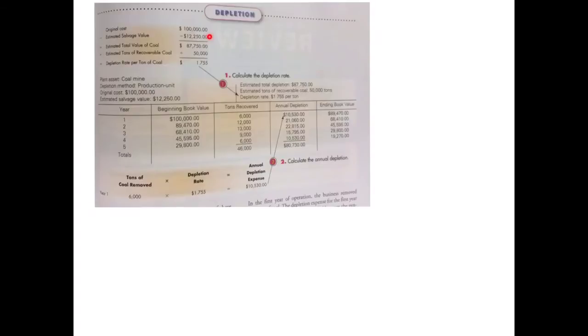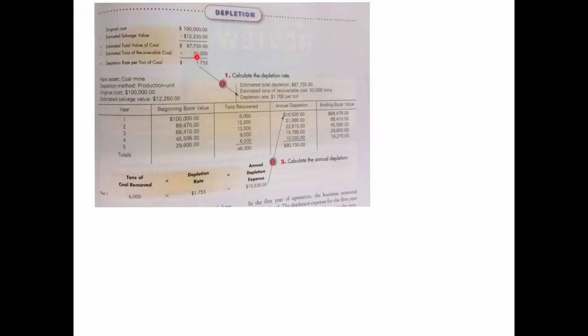We assume we're going to get 50,000 tons of coal, so we divide these two, which tells us that our depletion rate, not depreciation rate, but depletion rate is going to be 1.755. Basically, this means that every ton of coal, every one of these 50,000 we take away from this land, depletes its value by $1.755.